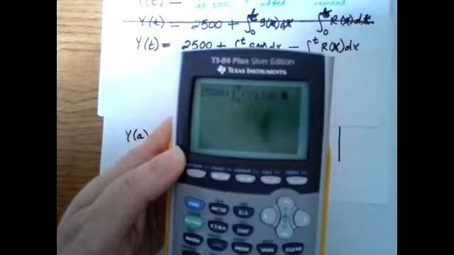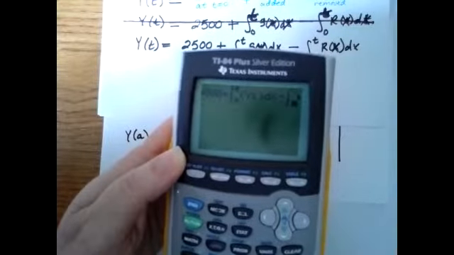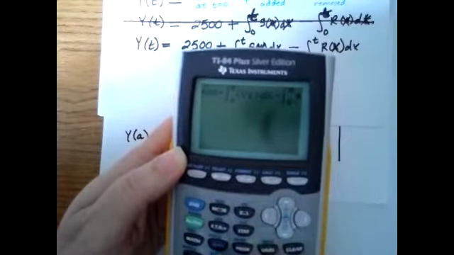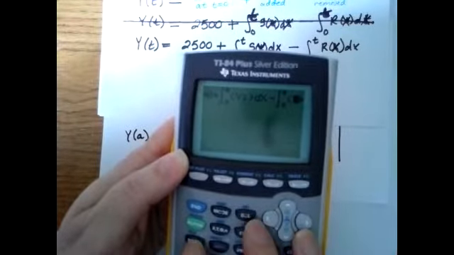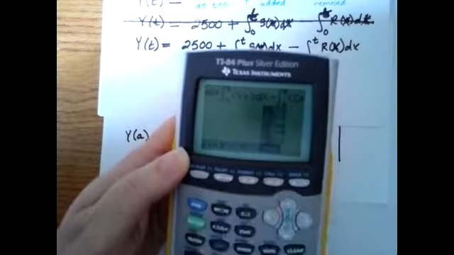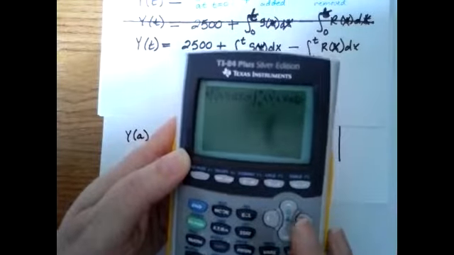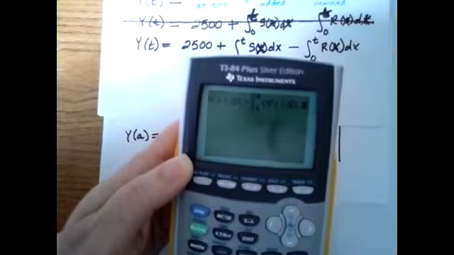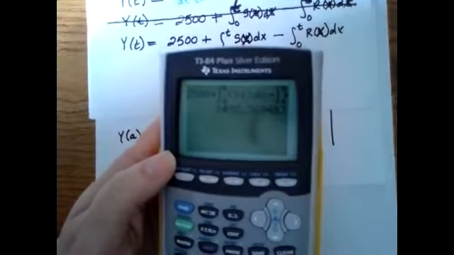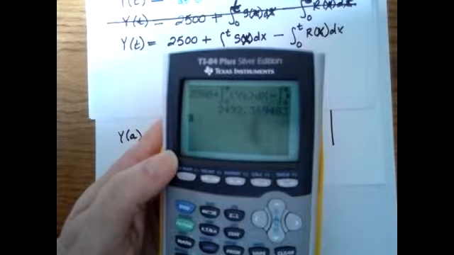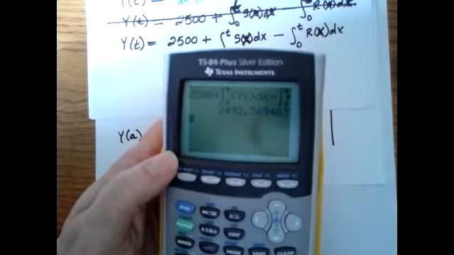And then the next part is subtract another integral from 0 to A, this time of R, which is stored in the calculator as Y1. Okay, doing its thing. So we have 2,492.369 and some change cubic yards of sand at time A.